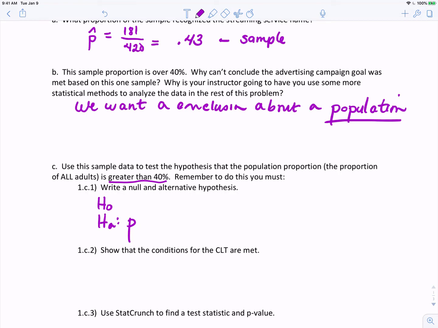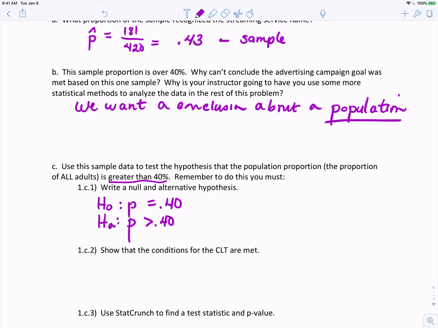And we would write that as P > 0.40. So that's the alternative hypothesis. The null hypothesis always has the exact same parameters in the problem, exact same number in the problem, except it always has an equal sign.